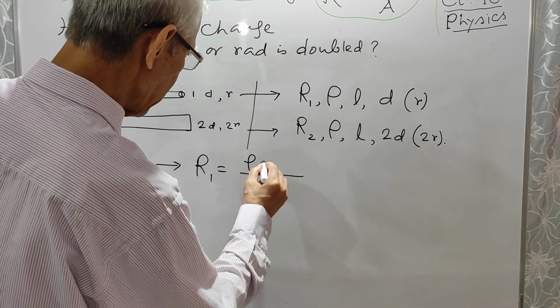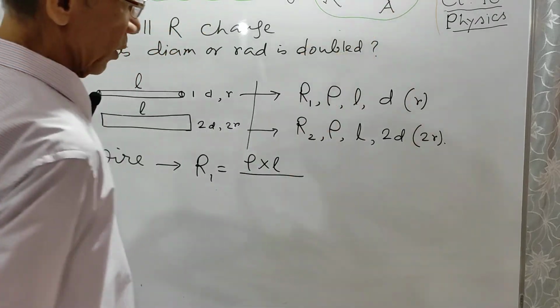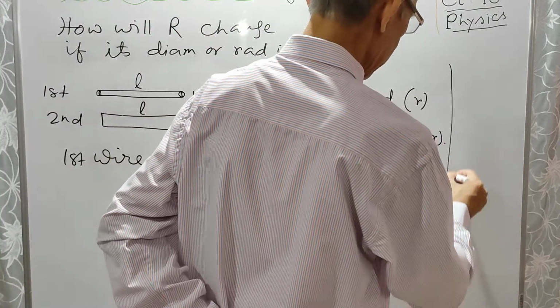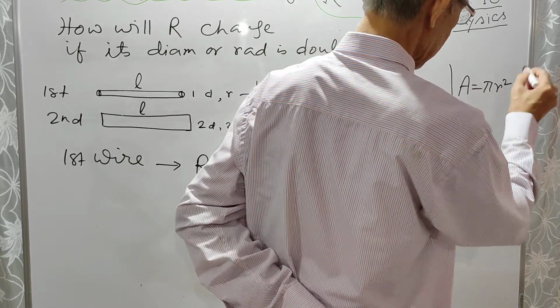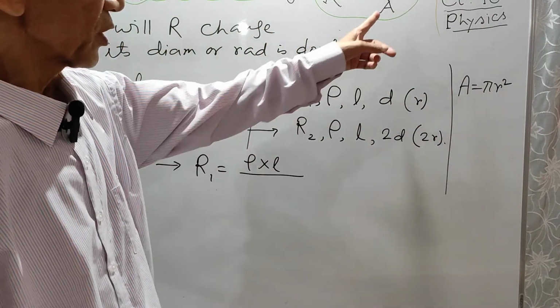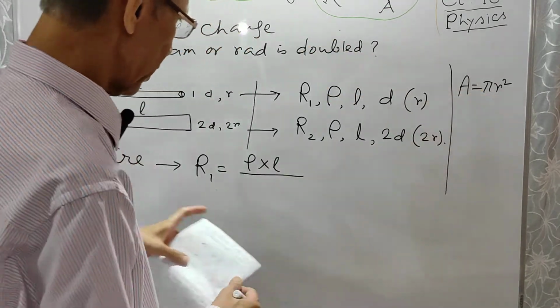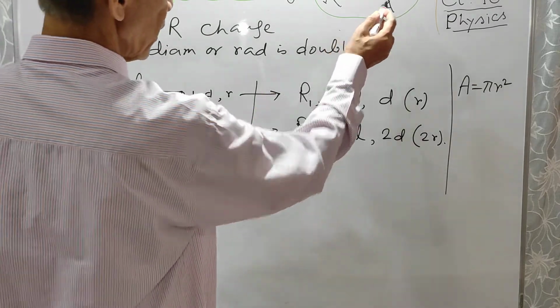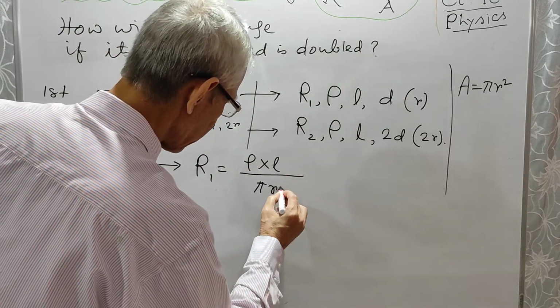R1 equal to rho into L by A. Okay, now for area we'll use that formula. Area of a circle is what? Pi r square. So the cross sectional area, this is a circle, isn't it? Therefore area will be pi r square.